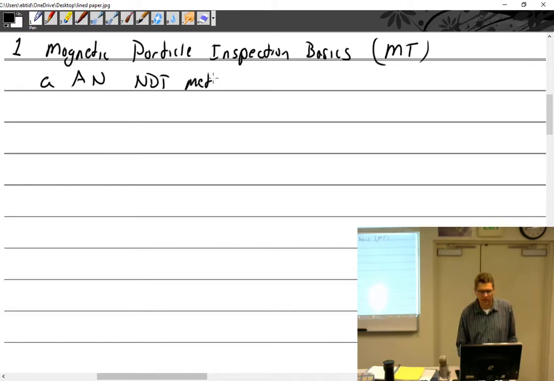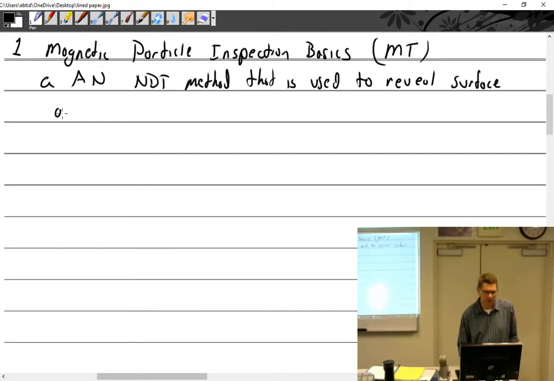A method that is used to reveal surface and near surface discontinuities.